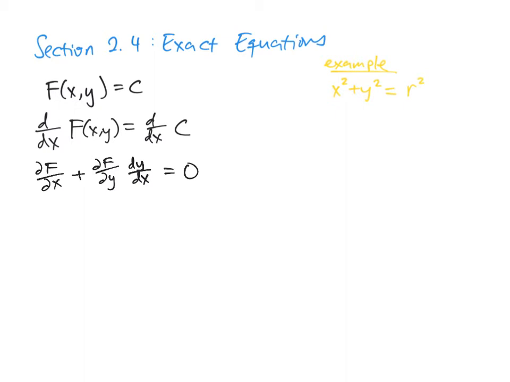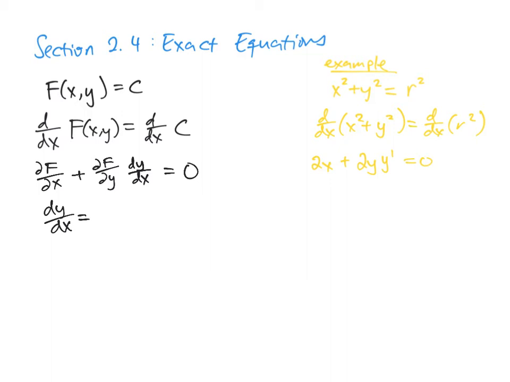So in our example, we can do that. We want d dx of x squared plus y squared equals d dx of r squared. If I take my derivative with respect to x, I get 2x plus 2y, that's my derivative with respect to y, times y prime, and the right-hand side equals 0. Now, over on the general case, let's solve for our slope, which is dy dx.